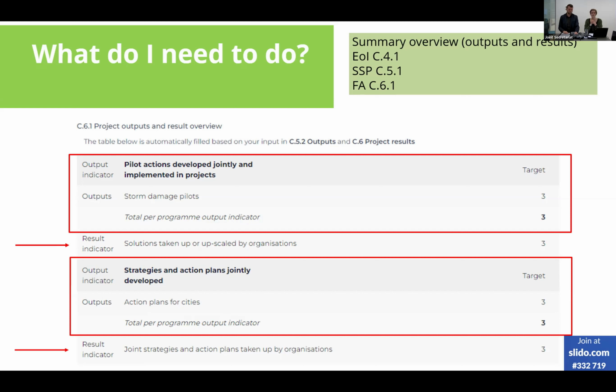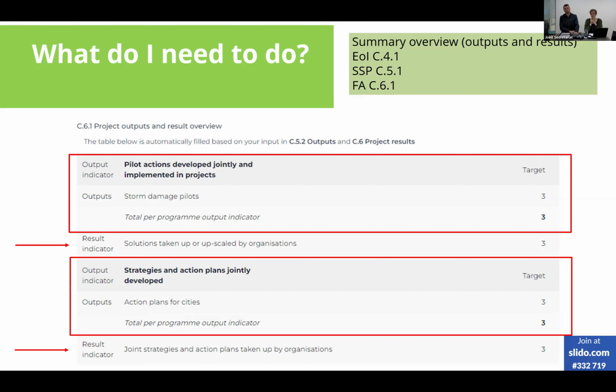And I will just make one example now, since we have limited time. Look at the first red box there. You can see it's focusing on the pilot actions developed jointly and implemented in projects. So focusing on that output indicator. And it has taken our 3 pilots from the work package and listed it here as storm damage pilots.